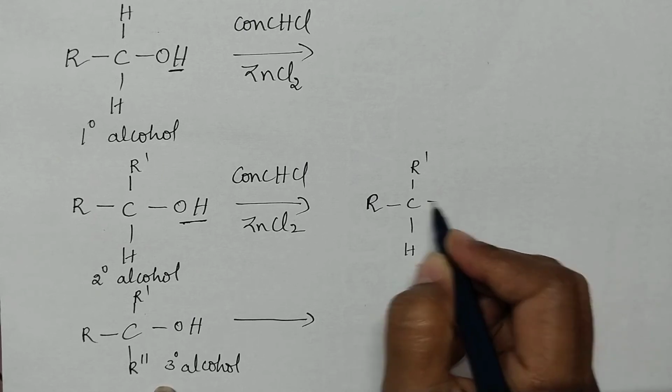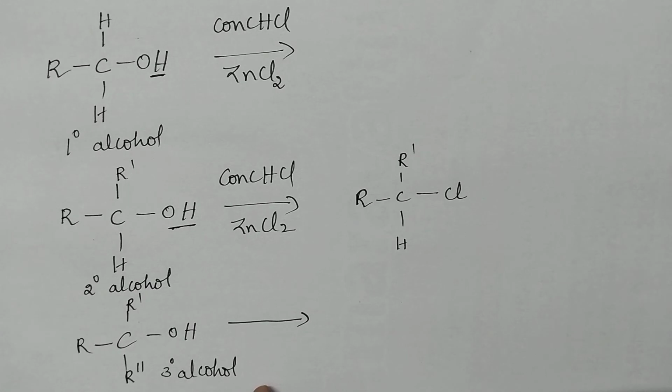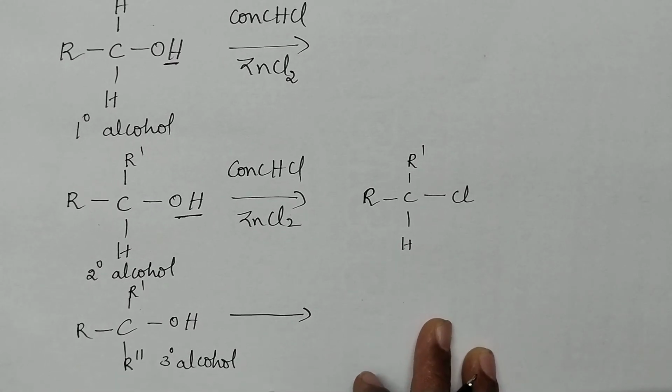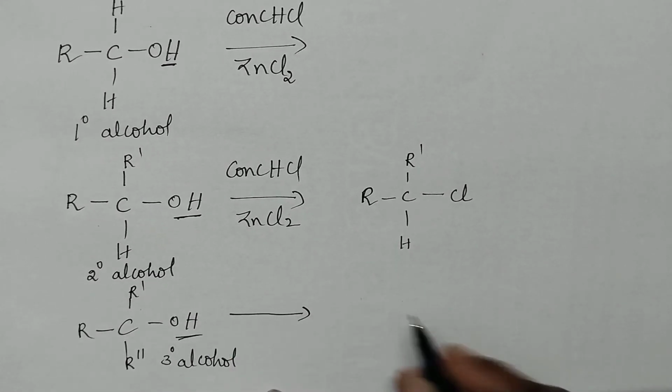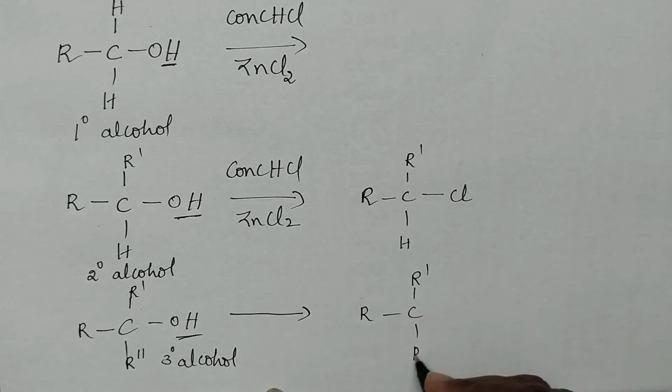Corresponding halide will be obtained. And coming to the tertiary alcohol, here also what happens? The OH group will be eliminated and the Cl group will be introduced. So, we will get the corresponding tertiary chloride.